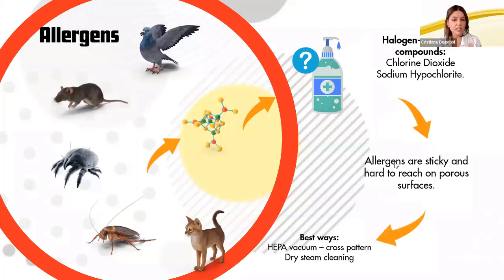Later we're going to have specific protocols, for example, for dust mites. But just for you to understand, if you decide to remove dust mite allergens from a mattress, maybe you're going to spend half an hour at your customer's just vacuuming. You need to go very slowly in a cross pattern, very detailed.